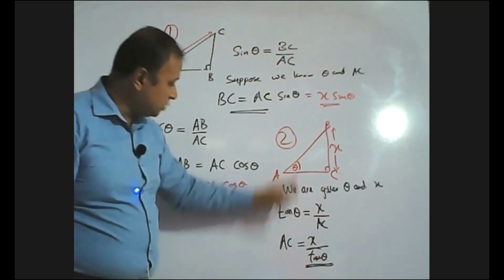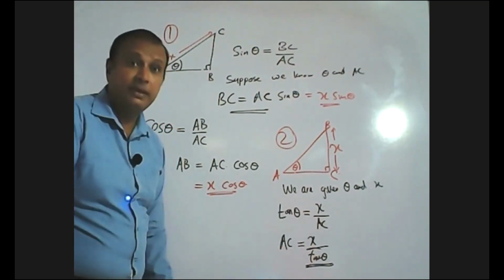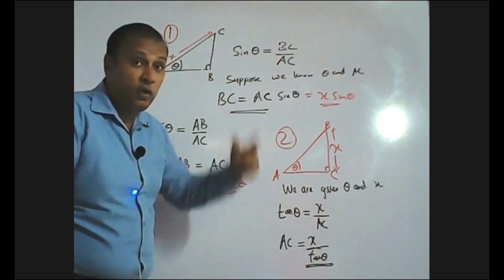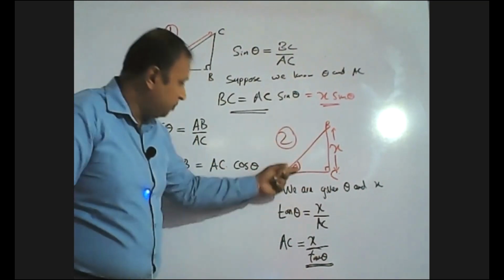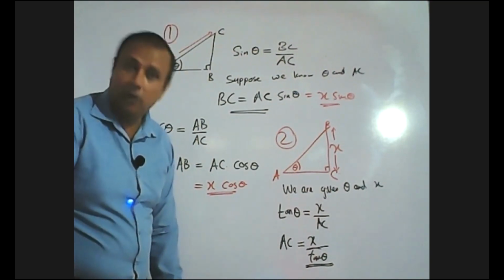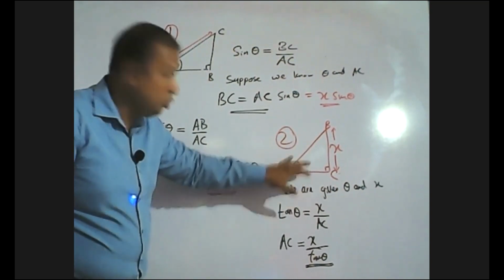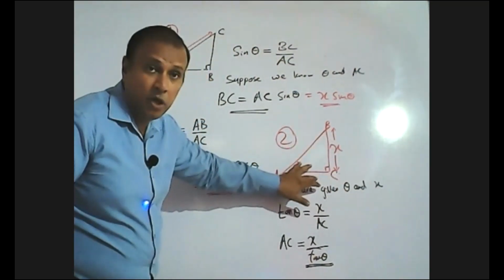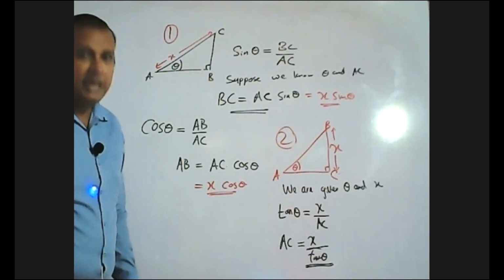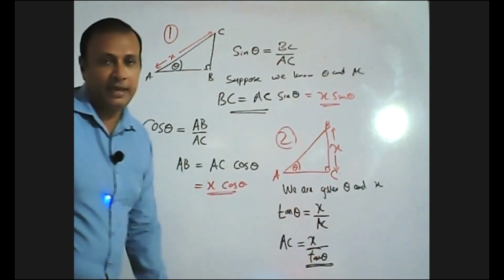AC is equal to X over tan theta. So if I know the value of theta, then I can easily find AC. Suppose theta is 45. Tan 45 is equal to 1. Then once you find the value of AC, you can use Pythagoras theorem to find the hypotenuse. Likewise, I can calculate each and every side of the triangle.